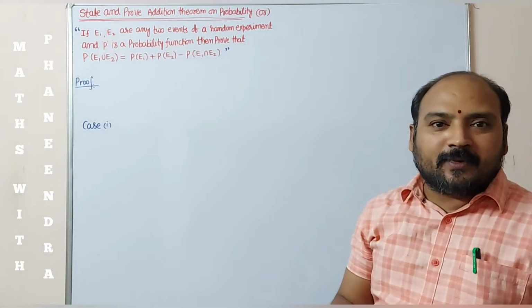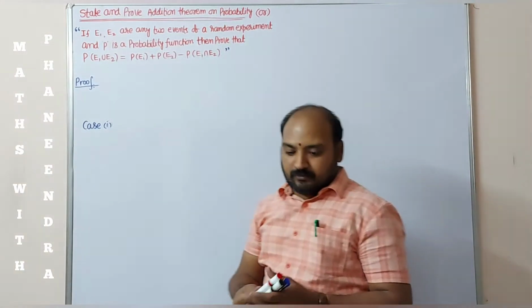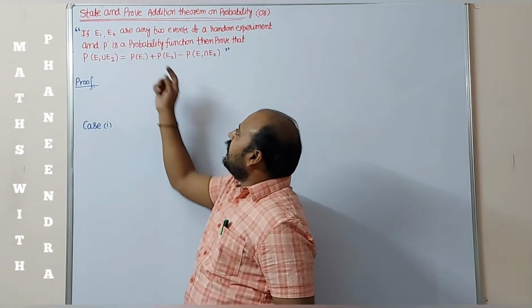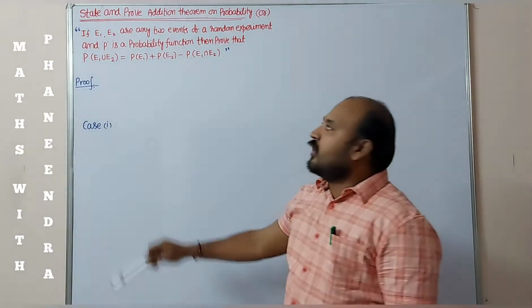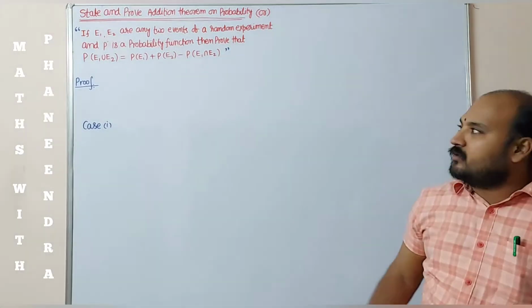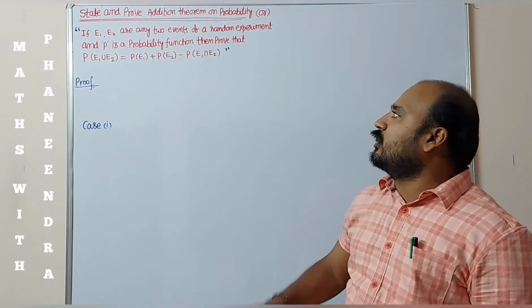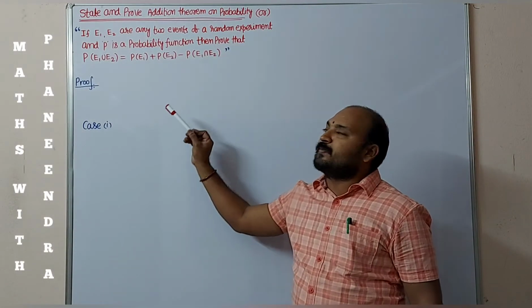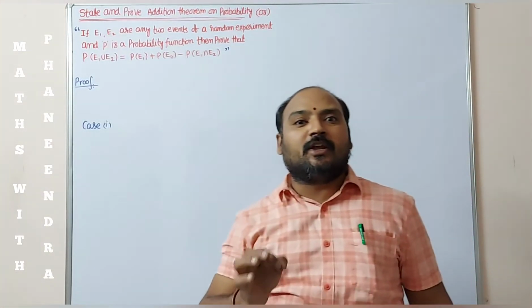If E1, E2 are two events of a random experiment and P is a probability function, then prove that P of E1 union E2 is equal to P of E1 plus P of E2 minus P of E1 intersection E2.